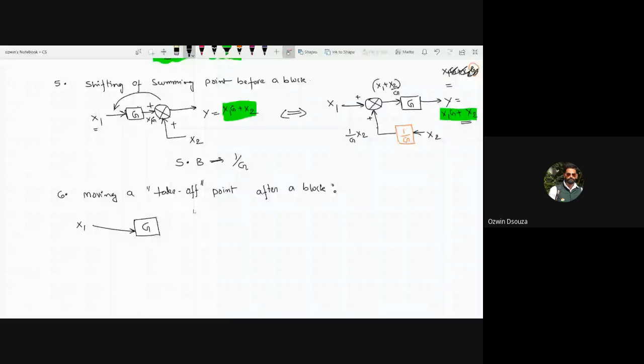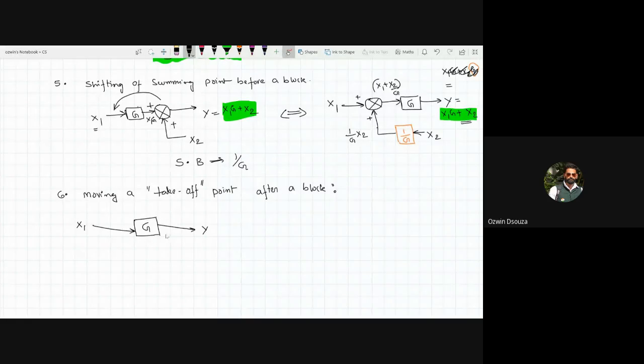Let's say this is your y. So this is called as takeoff point.